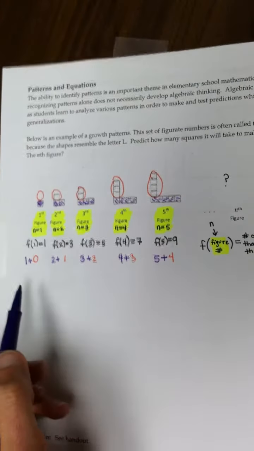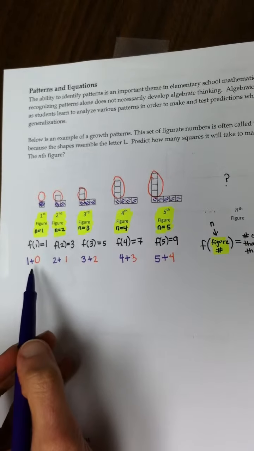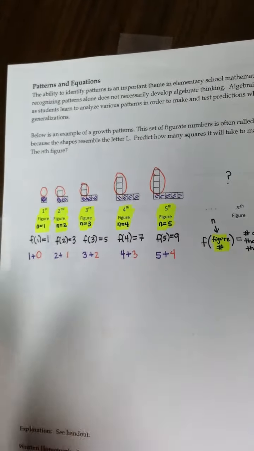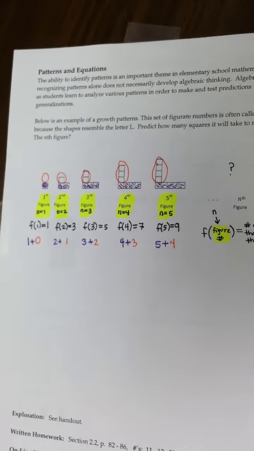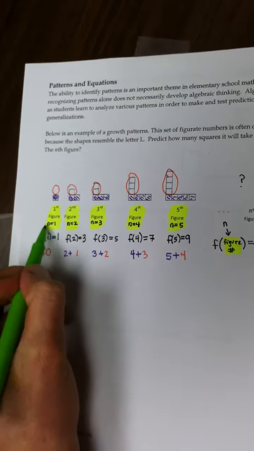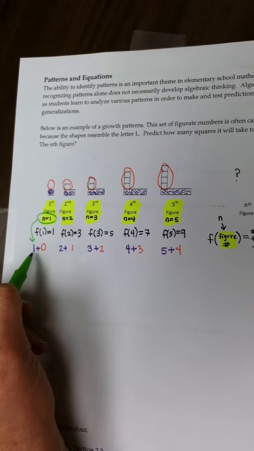So looking at the pattern I've created, there's no consistent number that I see in every single one of these patterns. But the numbers are changing in a consistent way. So one of the first things I notice is that my figure number matches the first number in my pattern. So when my figure number was a 1, I had a 1 in my pattern.